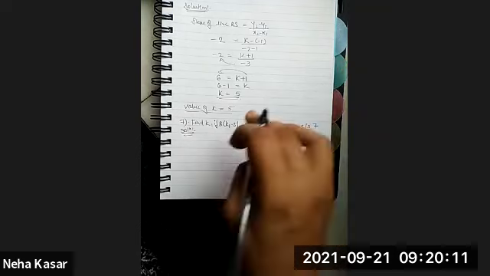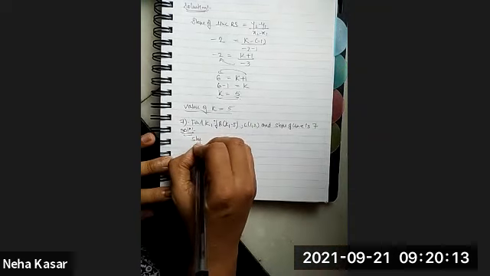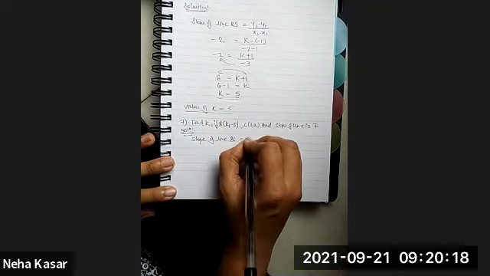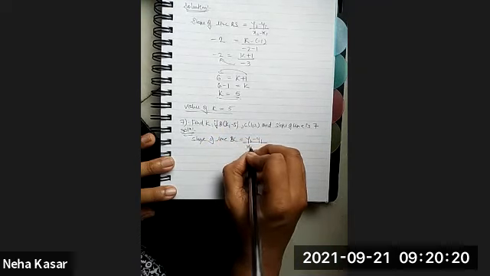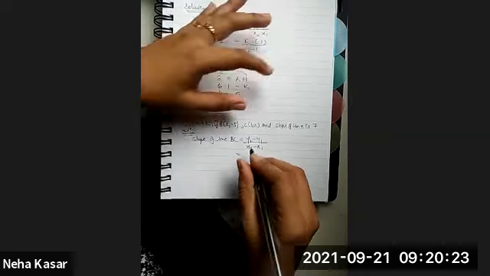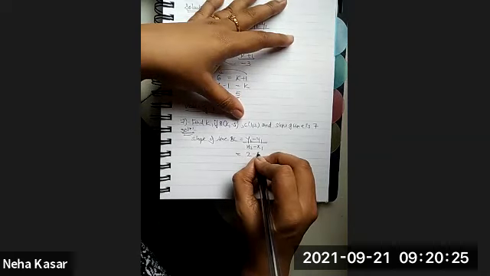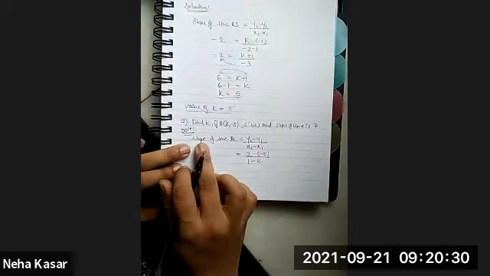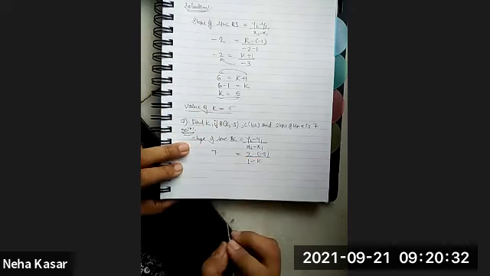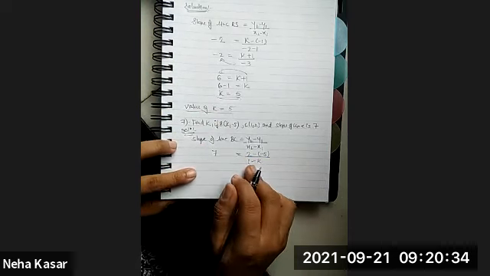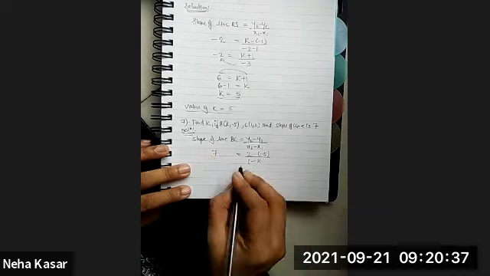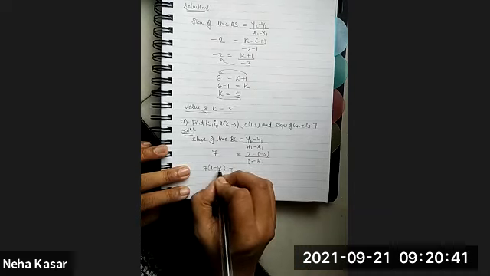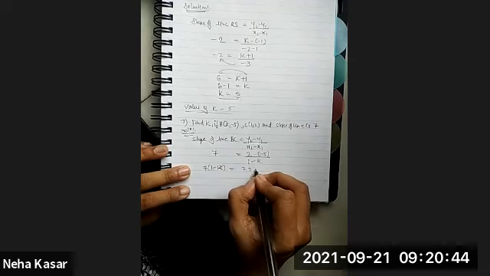So slope of line BC is equal to y2 minus y1 upon x2 minus x1. ठीक है, so 2 minus of minus 5, use the bracket, and 1 minus k, and slope of line BC is given 7. ठीक है, तो 7 से ये हम मल्टीप्लाई कर सकते हैं, so 7 into bracket 1 minus k, and this will be 2 plus 5.